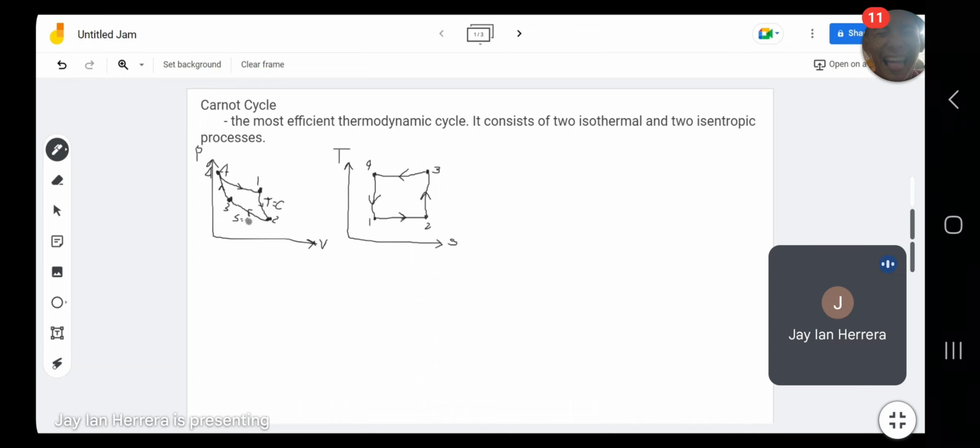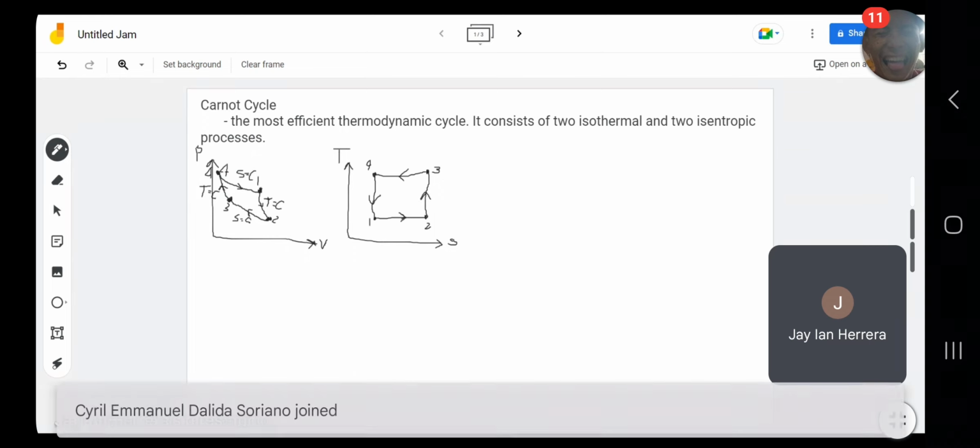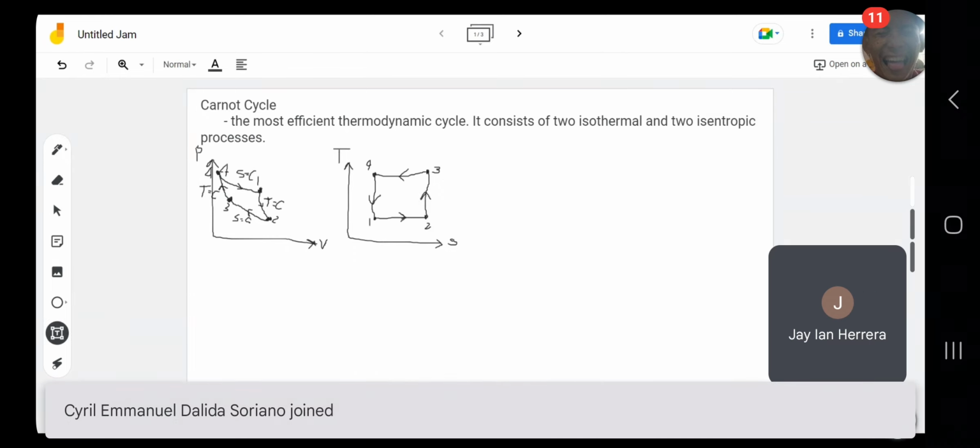And since nagre-retract ang ating volume, obviously that is compression. So isentropic compression ang ating 2 to 3. From 3 to 4 naman, that is constant temperature or isothermal compression pa rin. And then from 4 to 1, we have isentropic expansion.